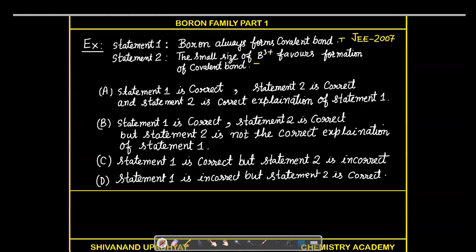This statement is true, and because of the high value of ionization energy, it is not forming an ionic bond, it is only forming covalent bonds. And the high value of ionization energy is because of its smaller size. So statement 1 is true, statement 2 is true, and statement 2 is the true explanation of statement 1. So answer A will come.